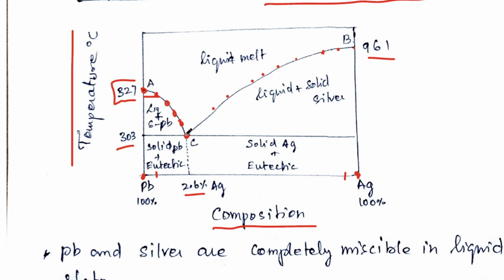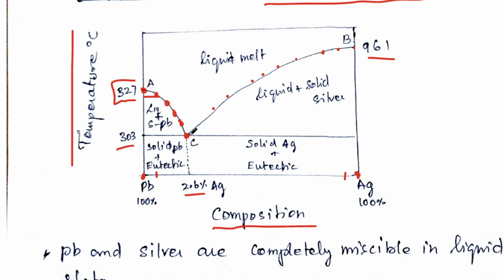And this point is very important. Why is it important? Below this temperature, whatever the composition, the mixture will always exist in a solid state. That means this is the minimum melting point, the eutectic melting point.